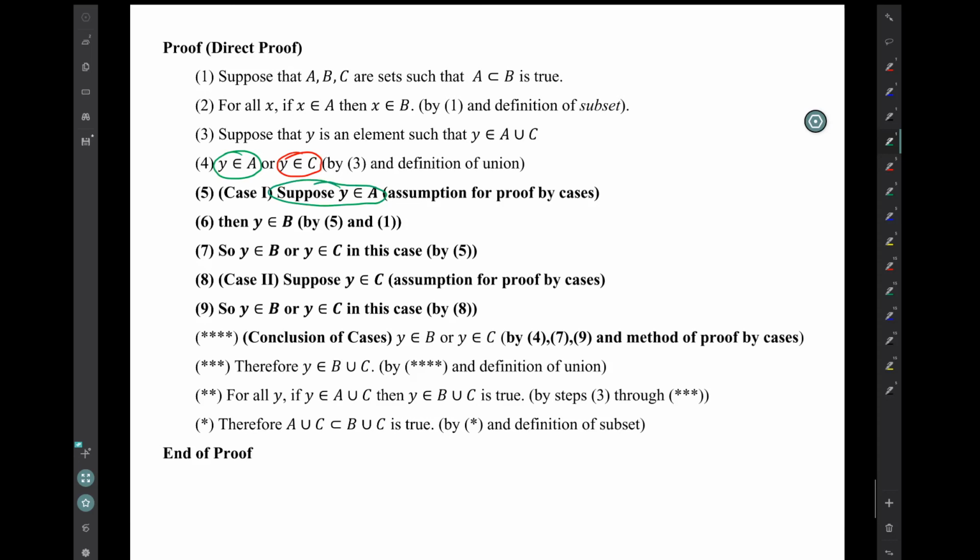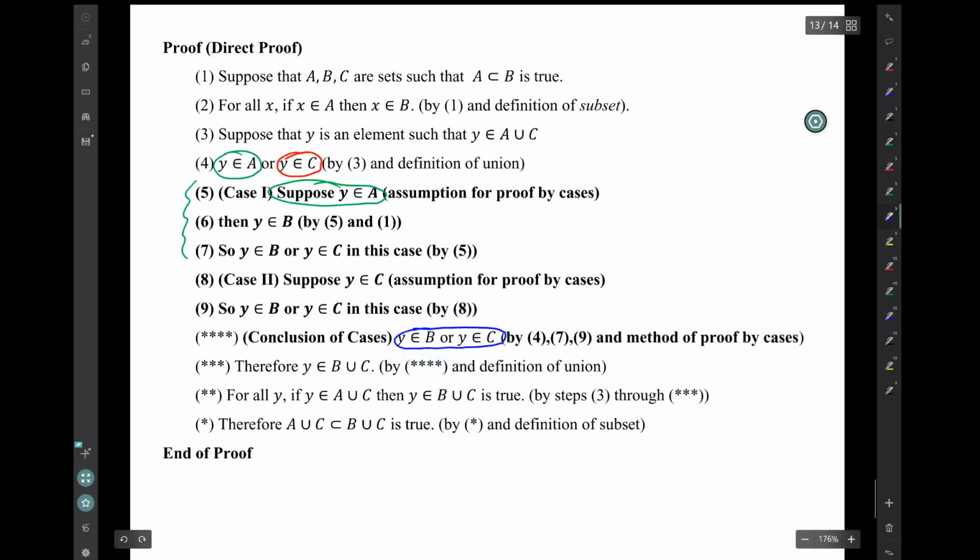Then you somehow want to get to the thing that you were hoping to prove. The thing that we're hoping to prove is that y is in B or y is in C. Well, in this first case, we want to show that y is in B or y is in C will be true.